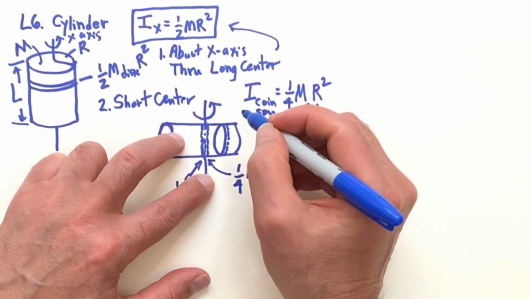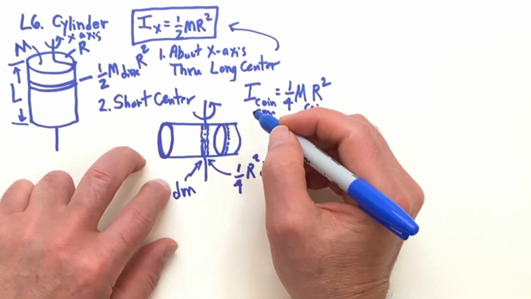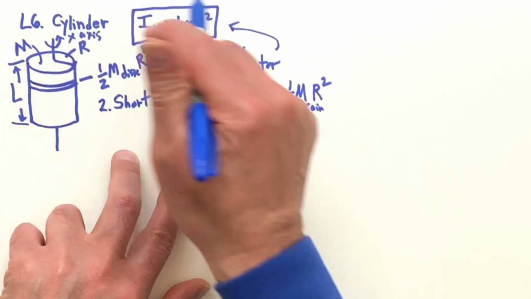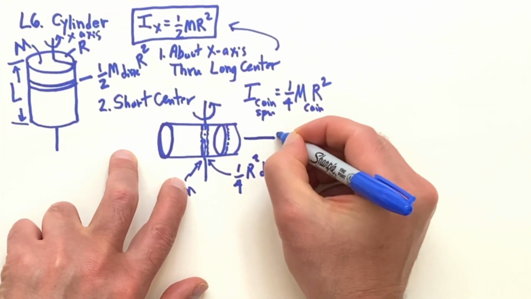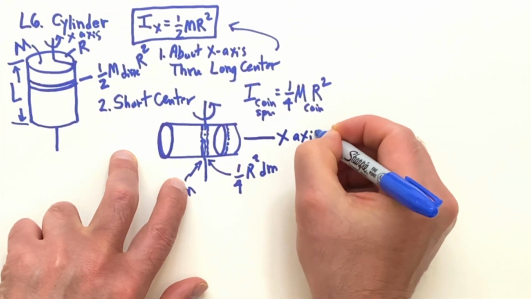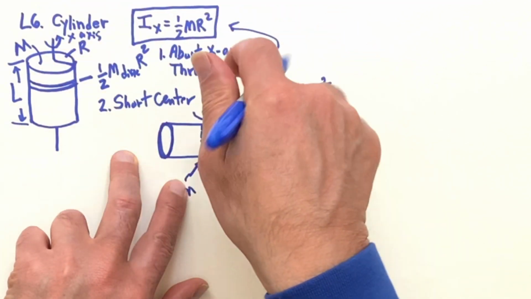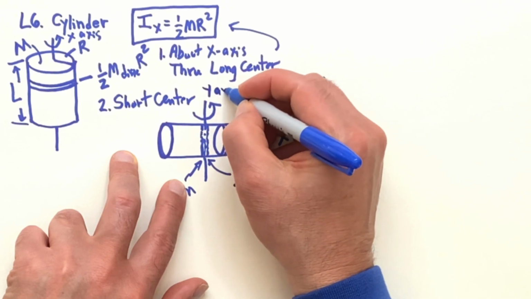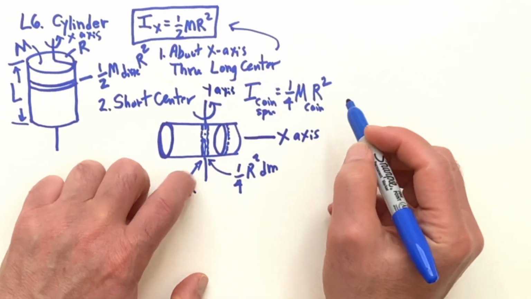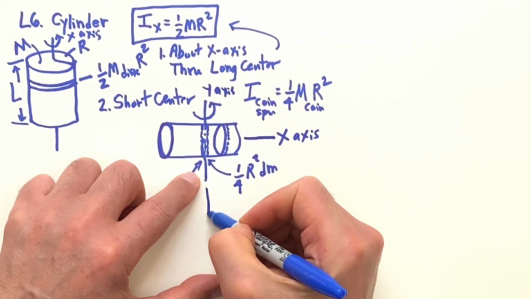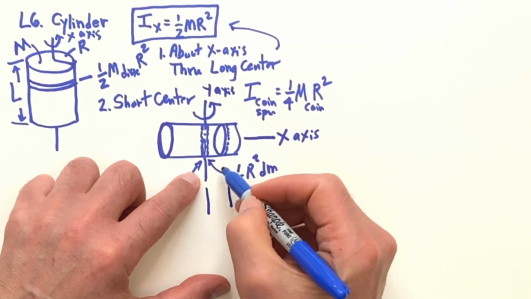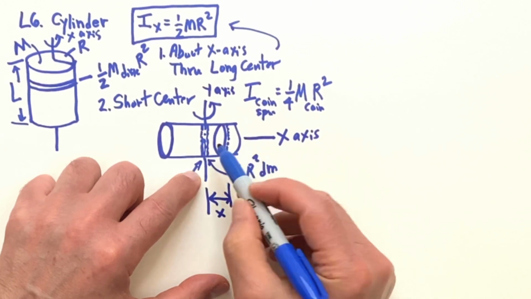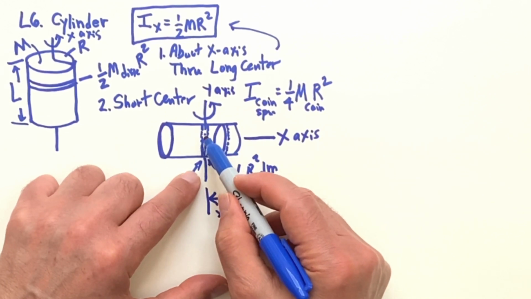Well, see, this one here is kicked over. Let's take this and rotate this to the right, because then it'd be consistent. This would be my x-axis. If I rotate this to the right, I have my x-axis, and then this will be my y-axis going up like that. So here, the distance that this little piece is from the center is x, because the center would be x equals 0.